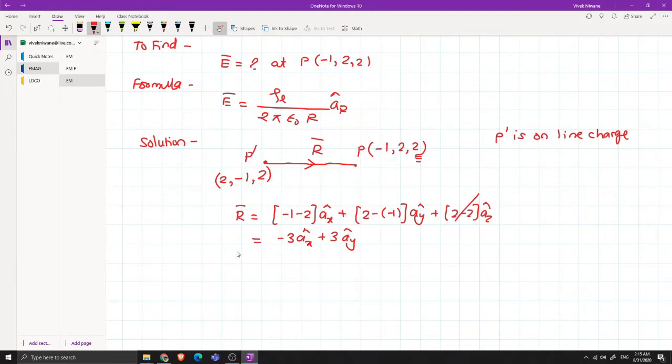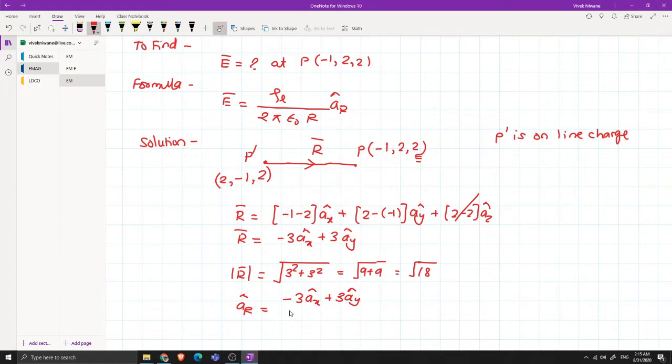So this is the equation of R bar. The magnitude of R bar will be under root 3 square plus 3 square, which is 9 plus 9 equal to 18. The value of a R cap will be R bar, that is -3 ax cap plus 3 ay cap, upon the magnitude of R.